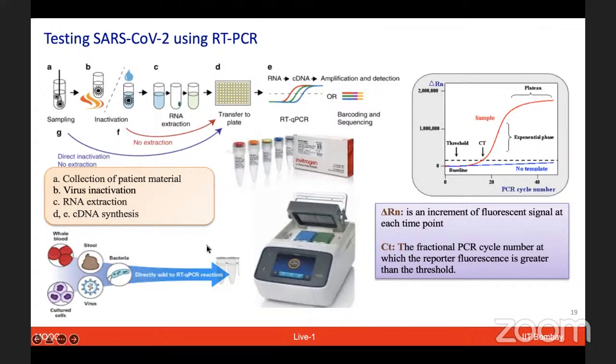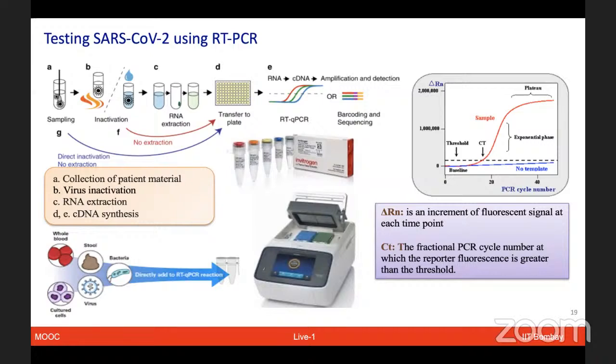After collection, the samples are first inactivated either by heat inactivation or by chemical inactivation. And from there, the RNA of the virus is extracted. Now, we know that the PCR reaction happens with DNA as starting material, but in the modification of this, real-time PCR, the viral RNA is first converted to complementary DNA with the help of a special type of enzyme, which is the reverse transcriptase enzyme.